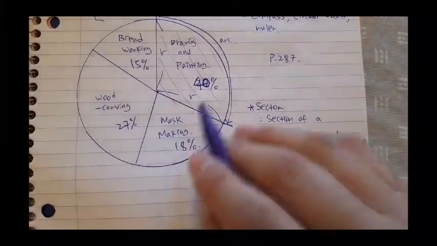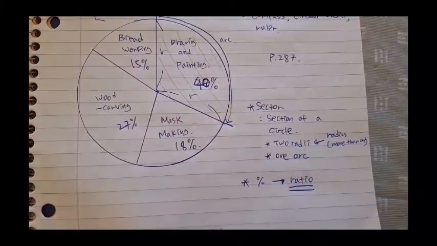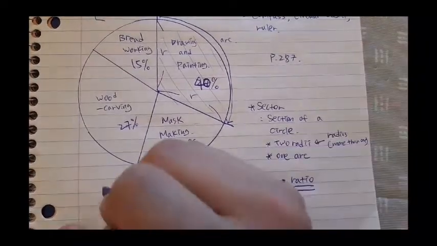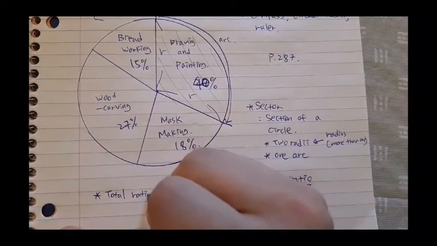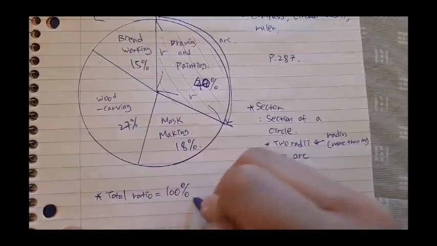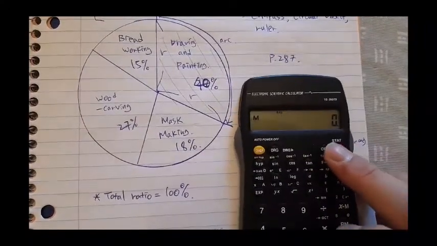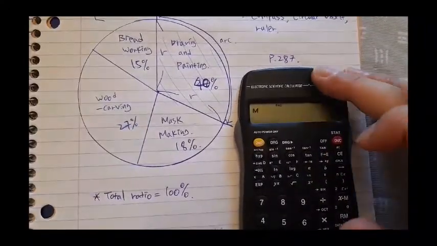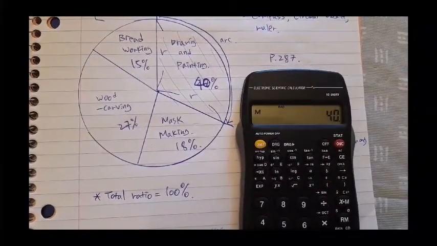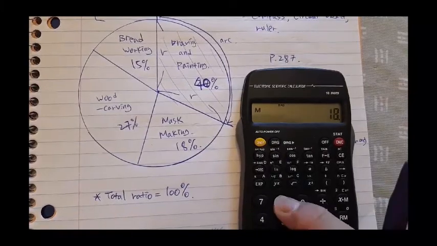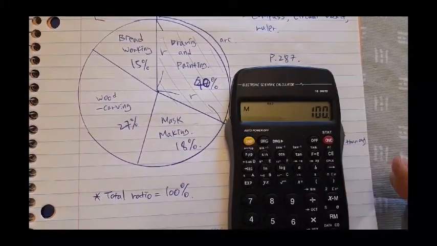So what you see here is an example of a circle graph. And one thing that you need to understand is that when you total the whole ratio, it should add up to 100%. Now let's use a calculator to figure that out. I have 15% plus 40%, 18%, 27%, you have 100.